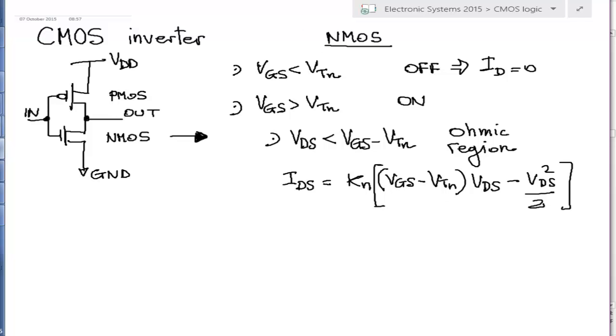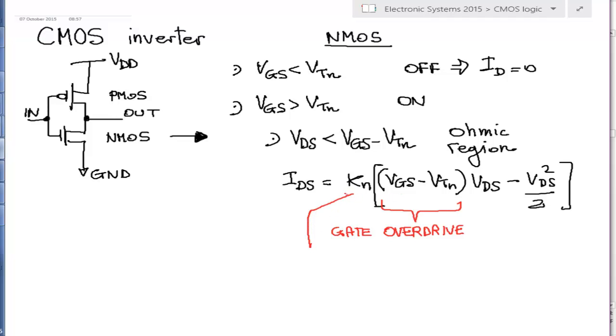Okay. In terms of names, this term is called also overdrive. Or to be more precise, gate overdrive, because it's the difference between the gate to source voltage and the threshold voltage. It's the part that we have above the threshold voltage. Okay.